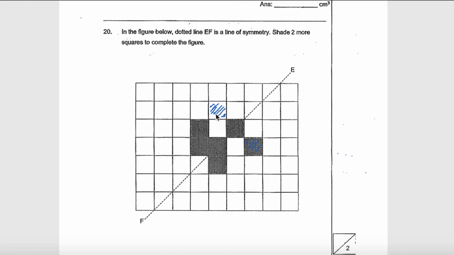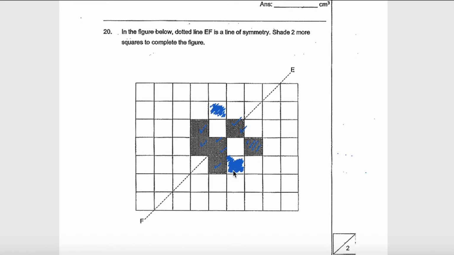Got it? So what else? Let's look down. This is shaded, this is shaded, cool. This is shaded, shaded, shaded, shaded. So I need to shade where? This part. Alright, so that's it, we're done.